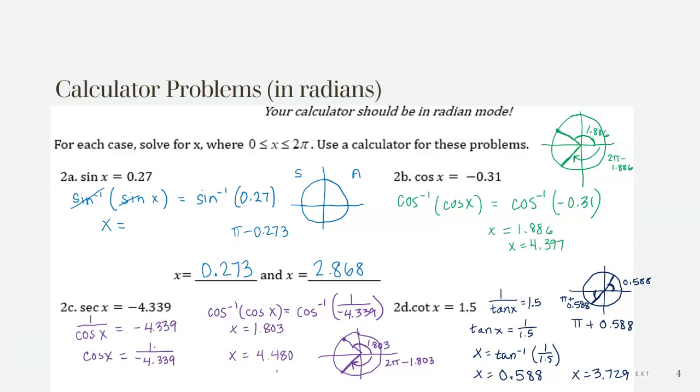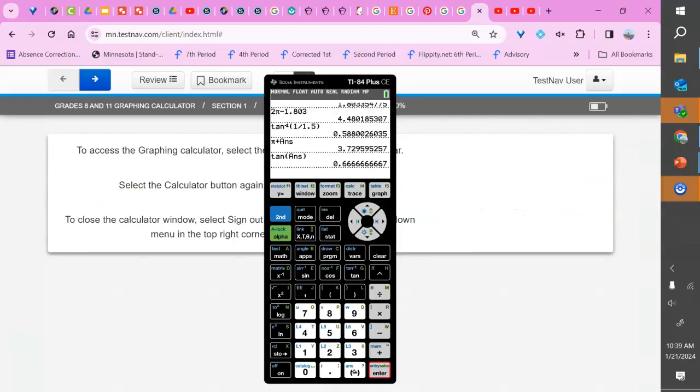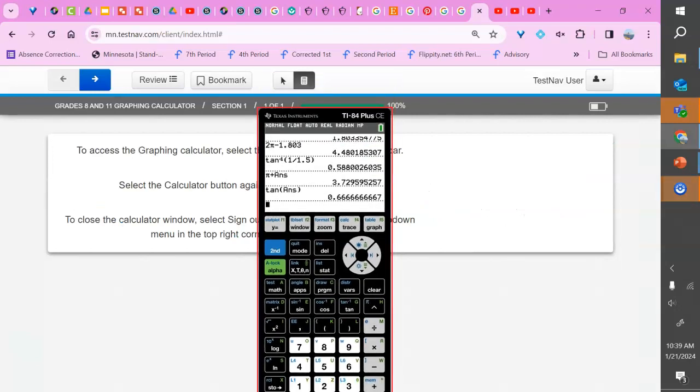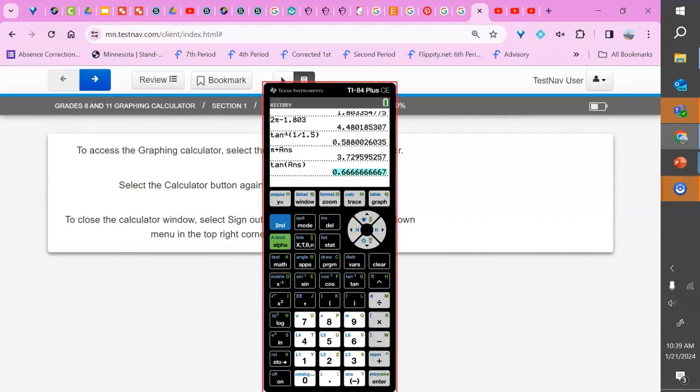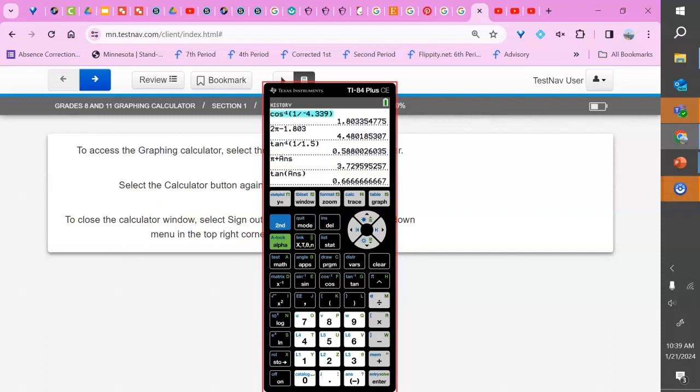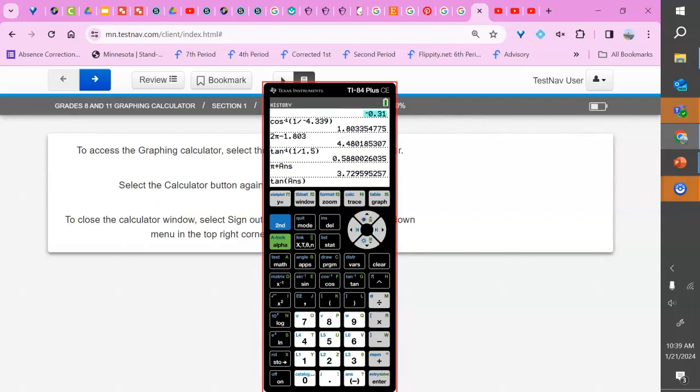I get an angle in quadrant 2 because cosine is negative. The other time cosine is negative is in quadrant 3, so I do 2 pi minus that angle, and I get my two answers. I've done this problem on my calculator here, and you can see I was using the answer button so I could find my other angle.